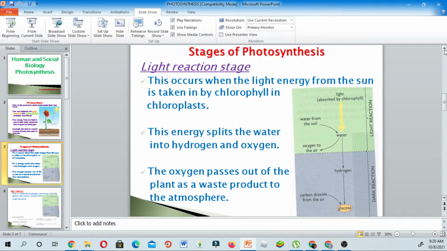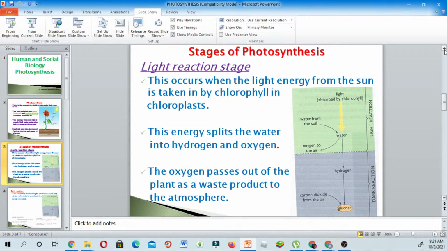Now, as for the light reaction stage, the reason why they call it the light reaction stage is simply because the sunlight will of course be present. So this stage, the light reaction stage, basically takes place in the presence of sunlight. So that is why they are saying that it is known as a light reaction stage.